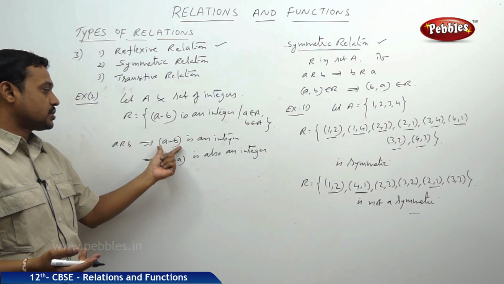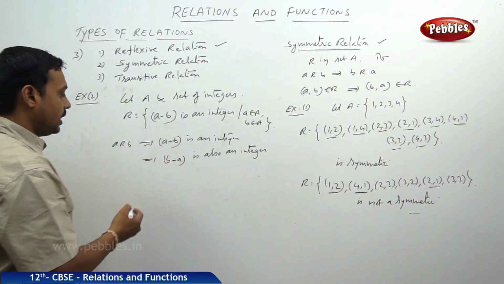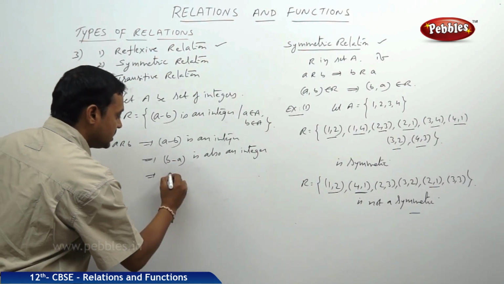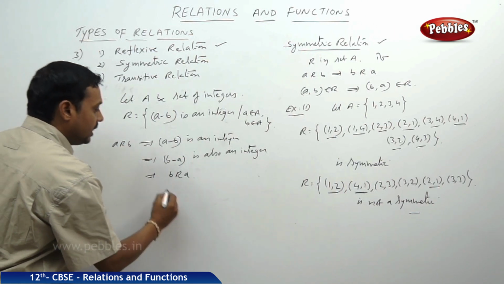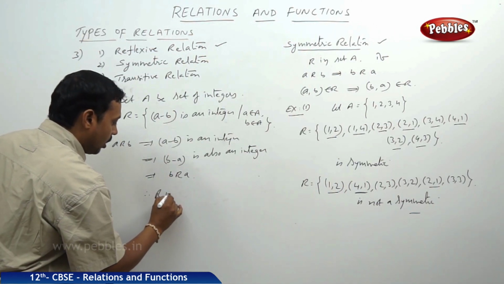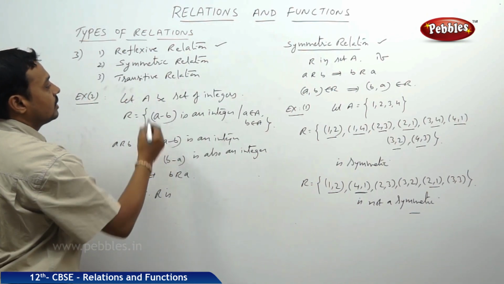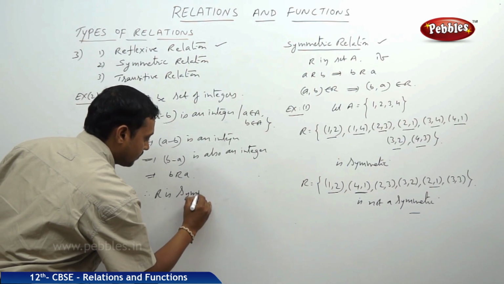Of course, if it is positive, it will be negative, and if it is negative, it will be positive. But both are integers. When B minus A is an integer, it means B is related to A. So A related to B implies B related to A. Therefore, the given relation R is symmetric.